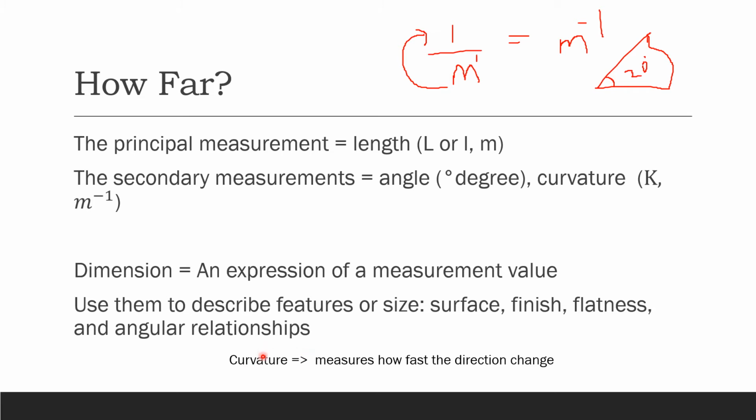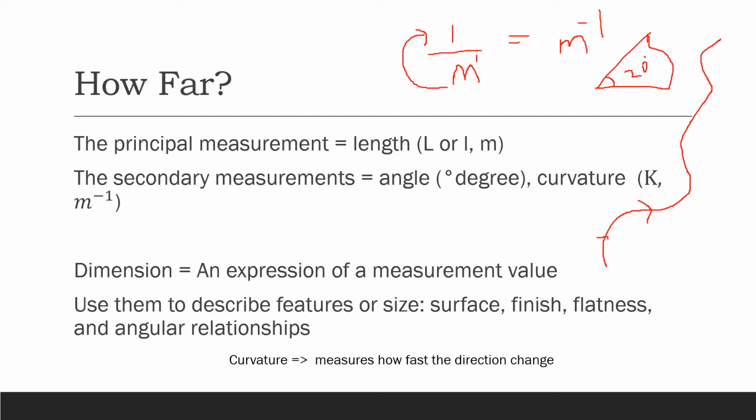Curvature, your review from your mathematics or physics, measures how fast your direction changes. It can be like that, and then your direction changes, so these are all curvature. Every time the direction changes, we call that a curvature.